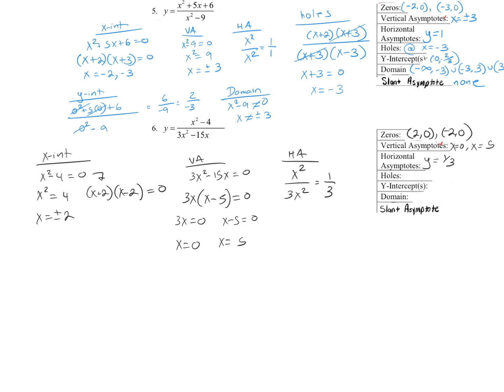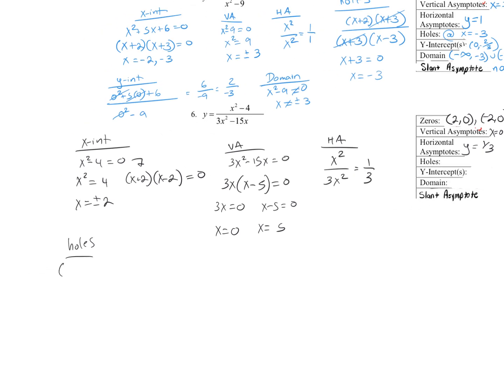Now we're going to be looking for the holes. Now the holes again is just factoring the top and the bottom. We already factored the top as x plus 2, x minus 2, and then the bottom we factored already as 3x, x minus 5. Nothing cancels or nothing's possible to cancel, so we would have no holes, so we write none.